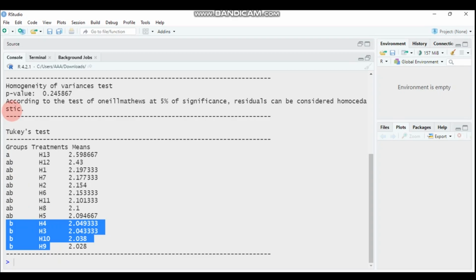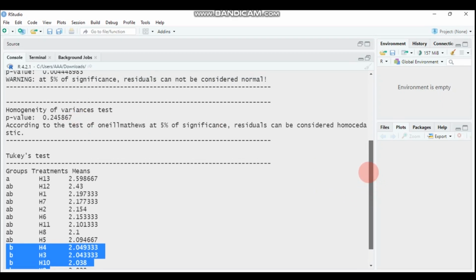And again, here is the homogeneity of variance test. The p-value is 0.24. If the p-value is greater than 0.05, it is non-significant. Non-significant means we are considering equal variance among the groups, or we can consider it homoscedastic.